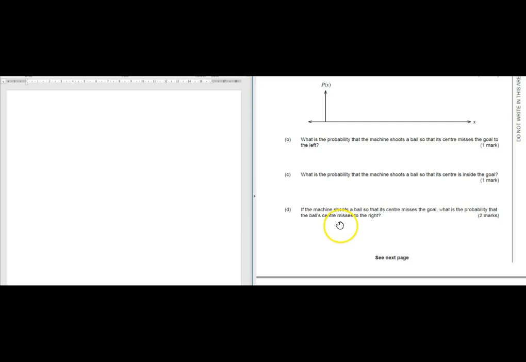Is it a conditional probability? If you say this is a conditional probability, which one must happen first? This is the condition: the center misses the goal must happen first. Out of this, what is the probability of the ball center missing to the right?